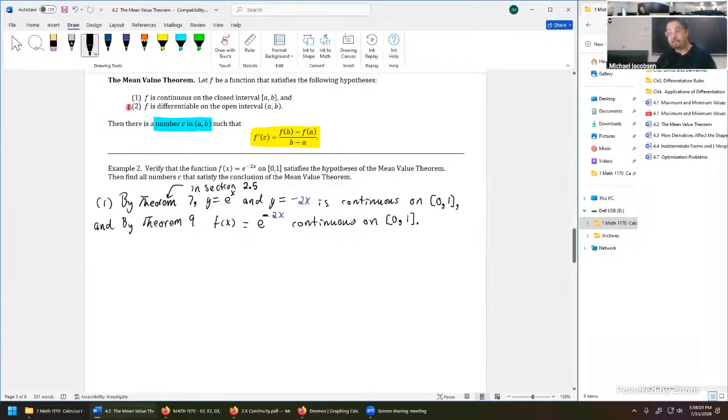Next thing we'll check is differentiability. And the easiest way to check differentiability is to just differentiate it. So let's go back here, take the derivative of that function, f of x, let me just write here for easier visual reference, is e to the power negative 2x. That implies the derivative f prime at x is a chain rule derivative. We take the derivative of the base e exponential.